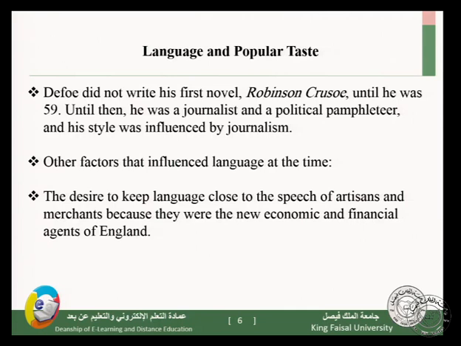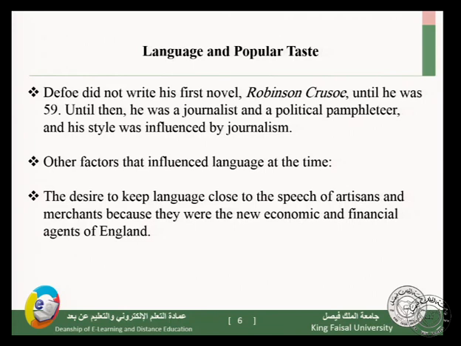And of course, this influences the English language, because now the English language is developing a written form that's now easy to read, accessible to average people, and it doesn't have the complex poetic structures that only very educated people can understand.